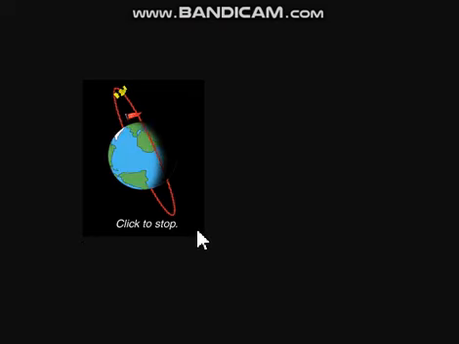Now just look at this picture. In this, Earth is shown rotating horizontally on its own axis, and one polar satellite is shown revolving around the Earth vertically.